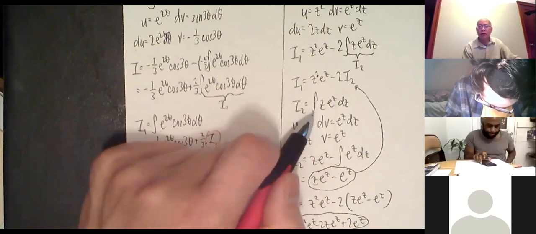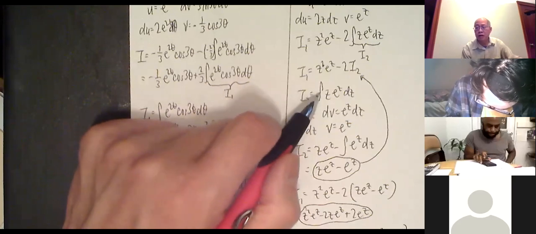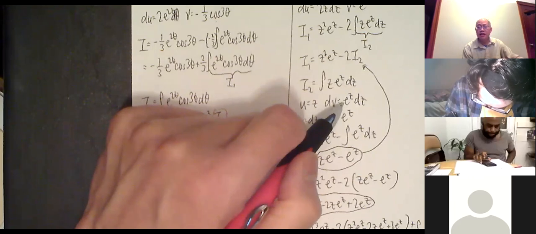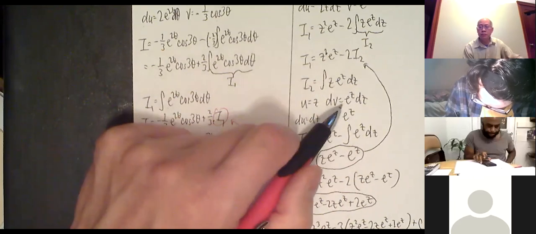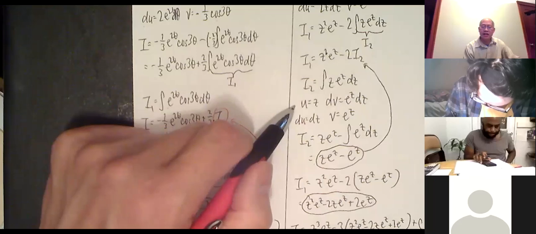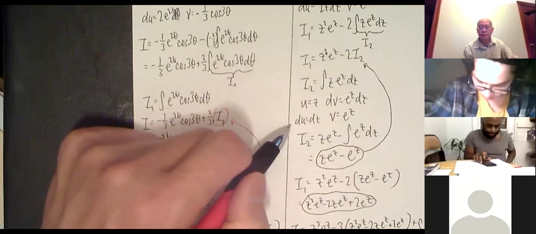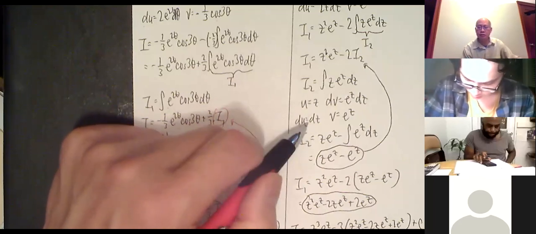All right, so now I2, I'm integrating z e to the z dz. So let u be the polynomial. u equals z, dv equals e to the z dz. Differentiate here, integrate here. This one again, just put d's. Put a d there, so du equals dz. Or you can say the derivative is 1 dz, so it's 1.